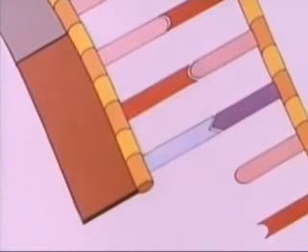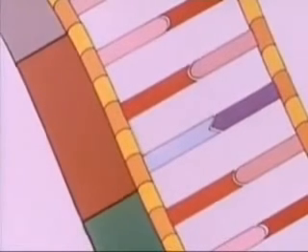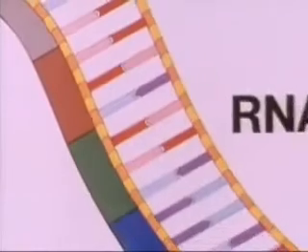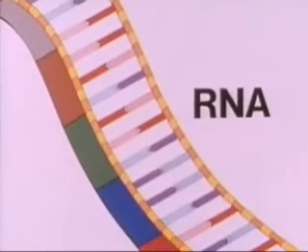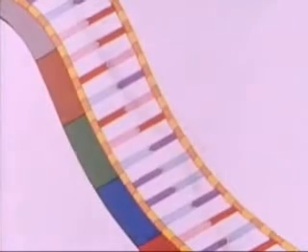A chain of amino acids is built up, each amino acid corresponding to a particular triplet of bases or anticodon on the transfer RNA, which fit the corresponding triplet or codon on the messenger RNA. The genetic code is a triplet code controlling which amino acid comes at each point in the chain.